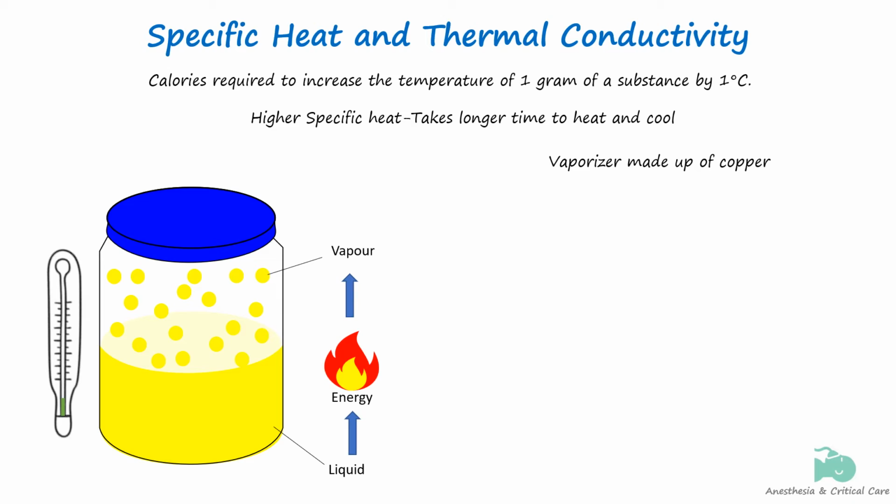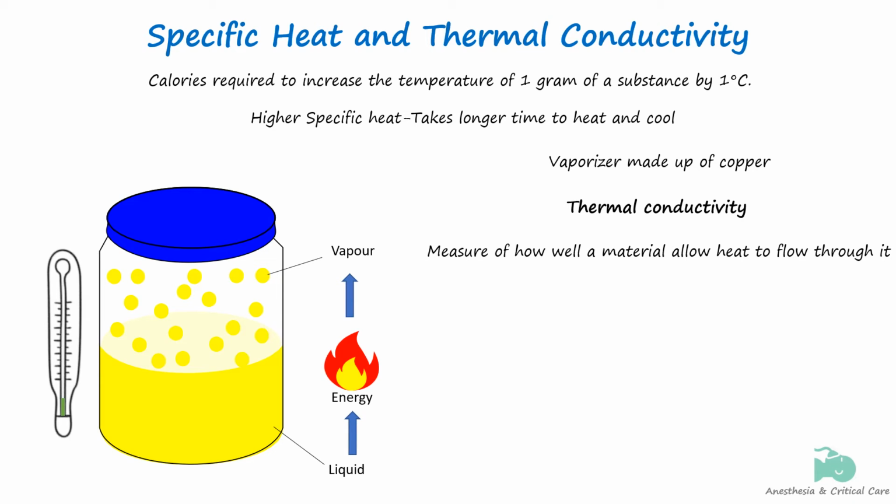Therefore, for the same amount of heat lost during vaporization, temperature changes in these materials are more gradual. This property is advantageous because it slows down temperature fluctuations, ensuring that the anesthetic liquid remains at an optimal temperature for vaporization. Thermal conductivity measures how well a material allows heat to flow through it.